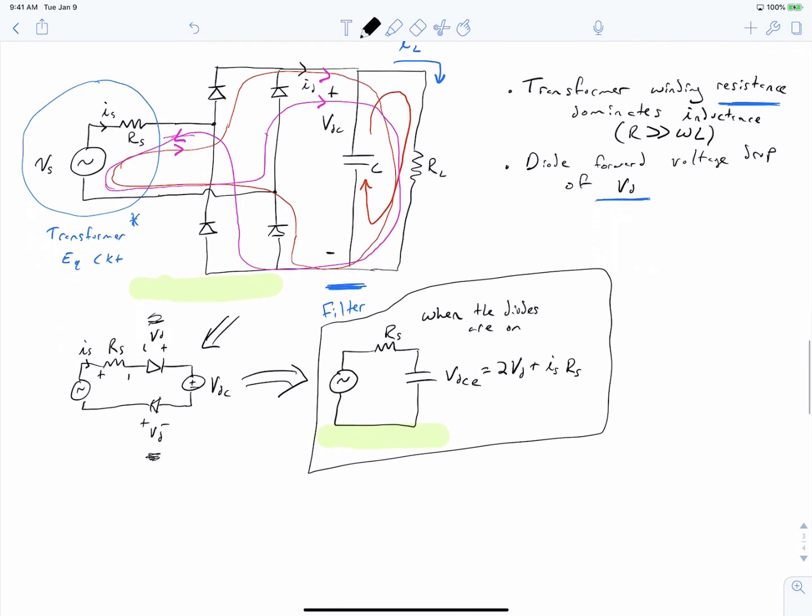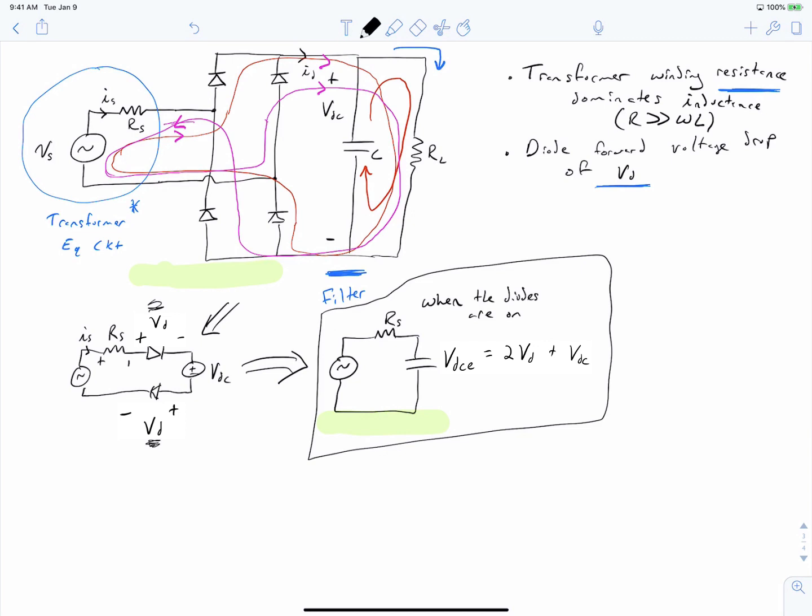Okay, so we can take this a step further, and we can start to say what the value of Is is. So Is, or our input current, is equal to Vs, so remember this is Vs, minus our equivalent DC voltage divided by the resistance.